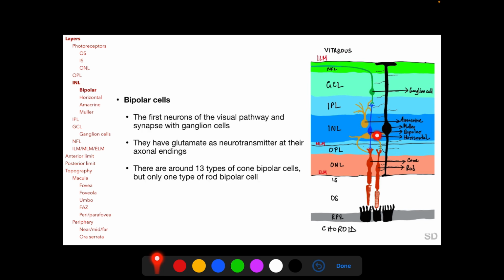The bipolar cells are said to be the first neurons of the visual pathway and they synapse with the ganglion cells. They have glutamate as neurotransmitter at their axonal endings, and there are around 13 types of cone bipolar cells, but only one type of rod bipolar cell, as we have just mentioned.